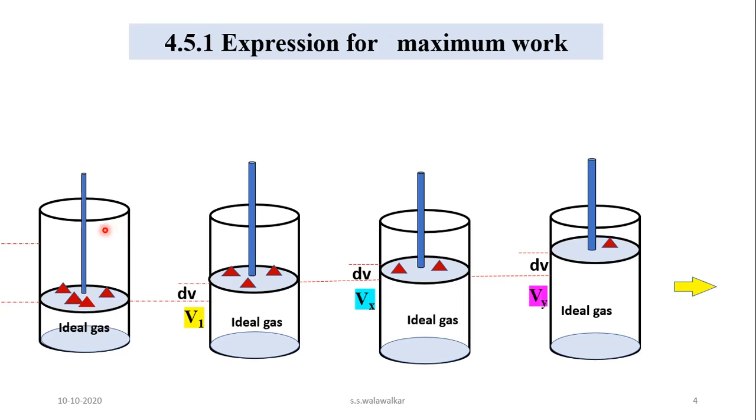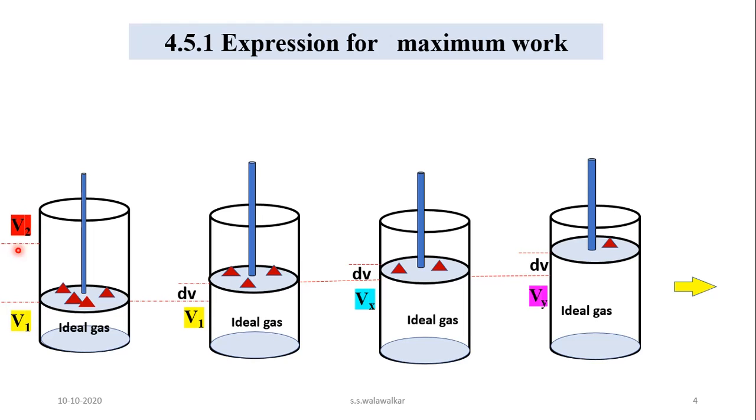See here, an ideal gas is in this cylinder, and if we put 4 grams of mass on this piston, then the mass on the piston is exactly equal to the pressure of the gas inside the cylinder. And suppose V1 is the initial volume of the gas, and this gas expands from initial volume V1 to V2.